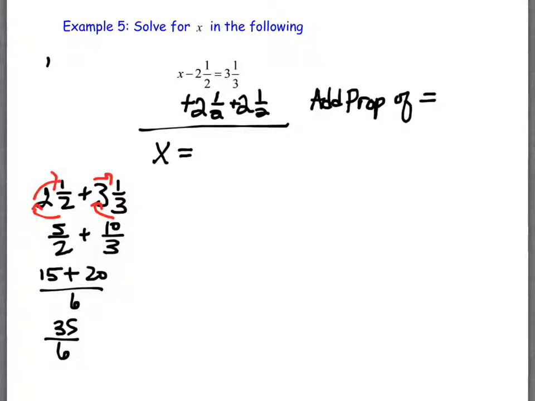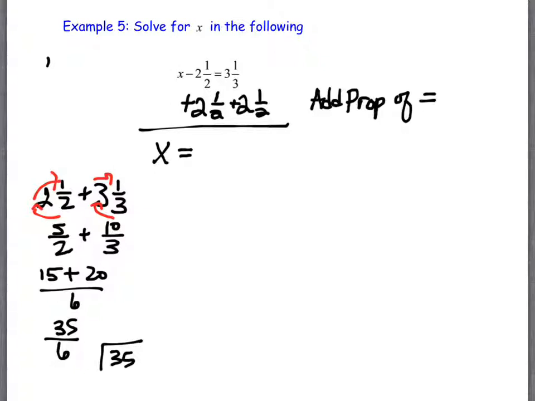It's kind of like somebody telling you how much something is in gallons, and then you respond about how much something is in liters. That's not how the question started. However the problem starts is how the problem is going to end. So I need to change this back into a mixed number because it started out that way.